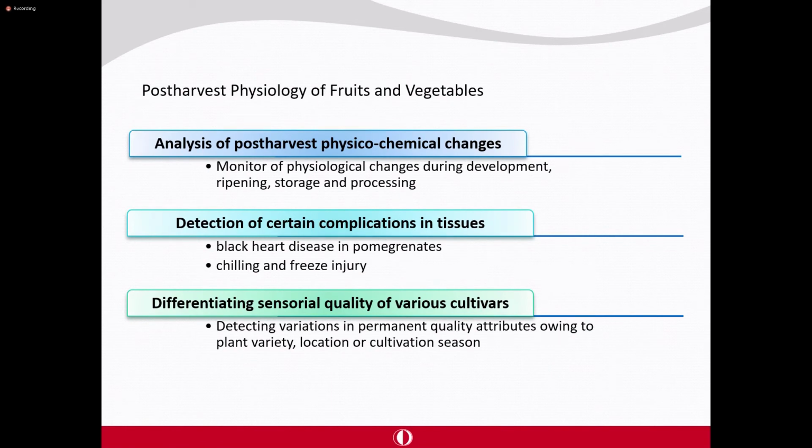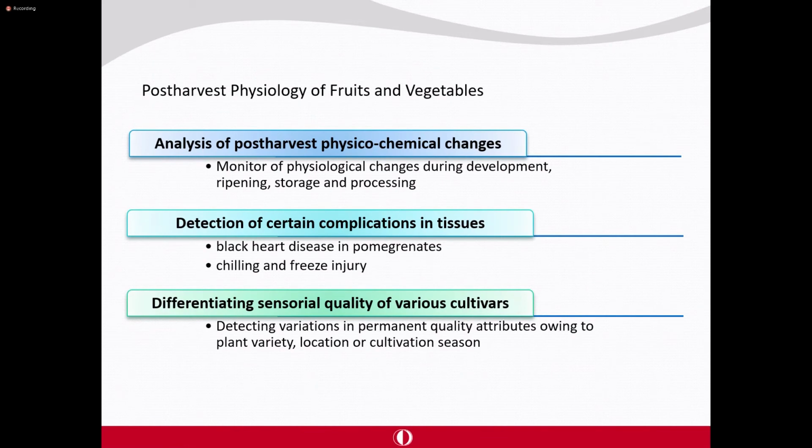We can also detect complications in tissues. For instance, chilling and freeze injury are problems that could affect citrus fruit significantly.